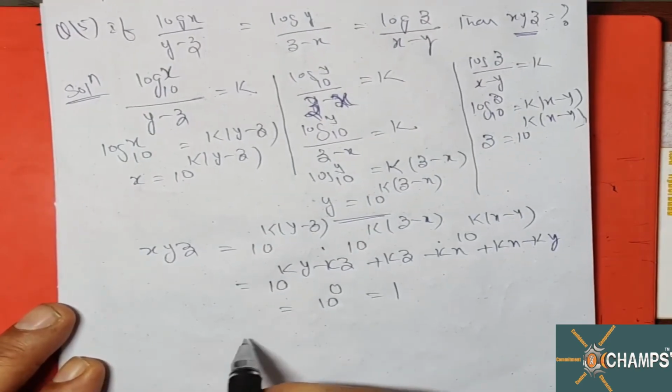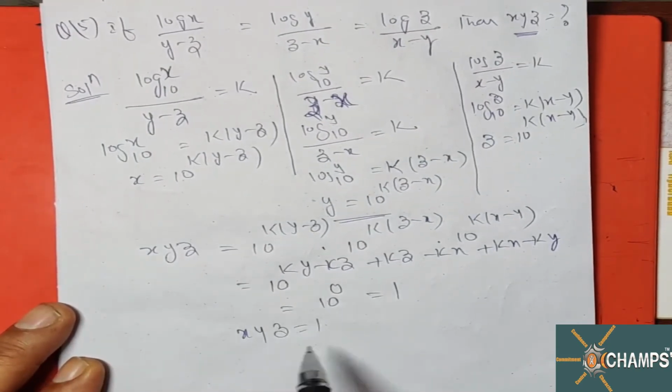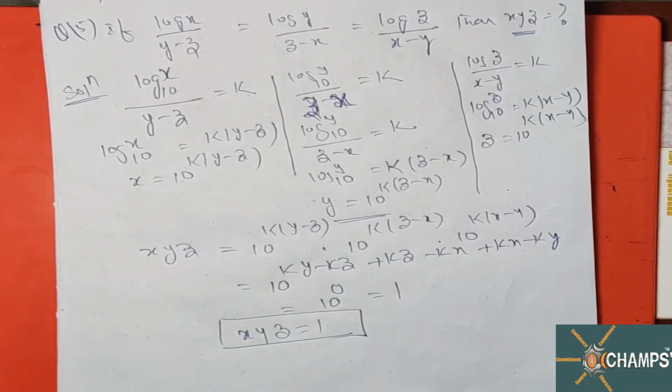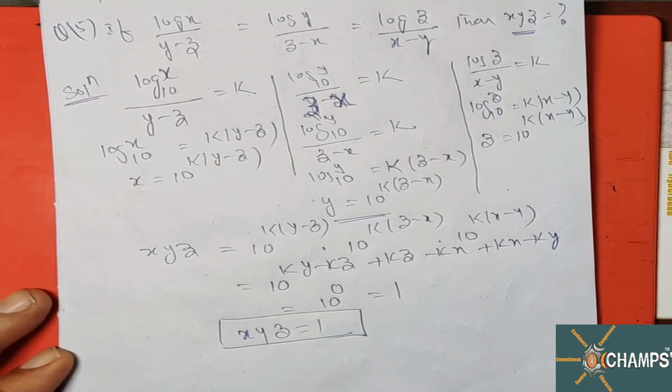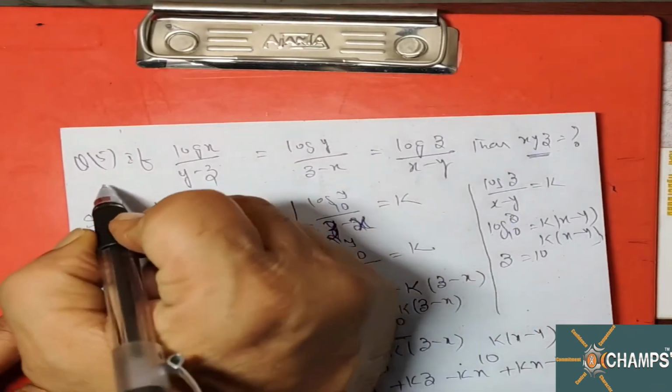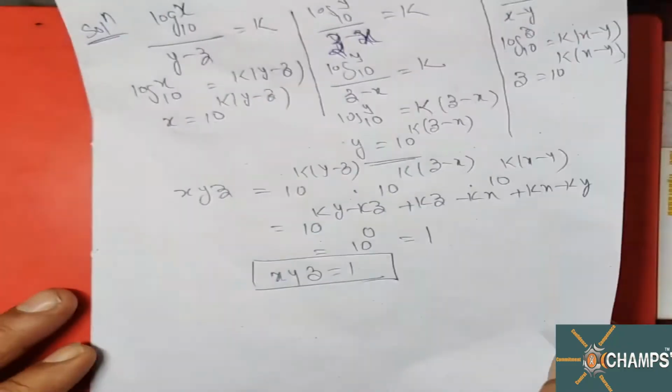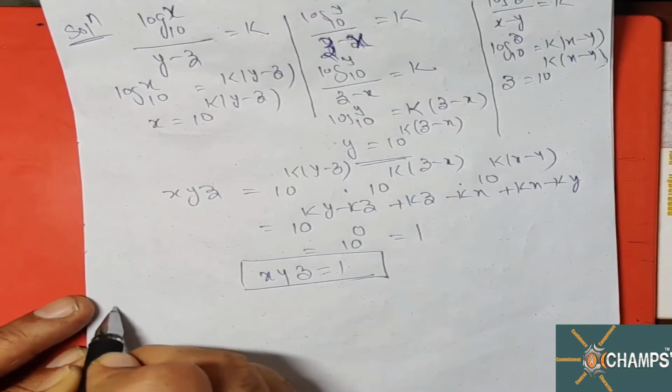All these terms get cancelled with each other, leaving 10 to the power of 0, which is equal to 1. So xyz is equal to 1 is the answer.